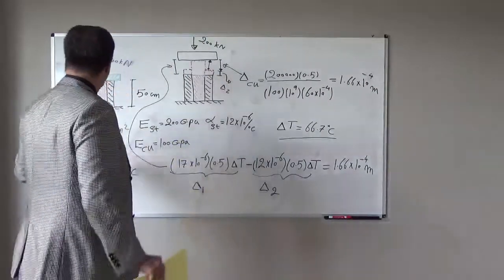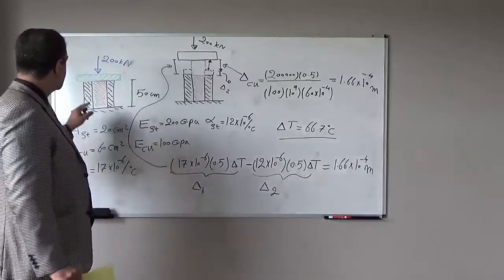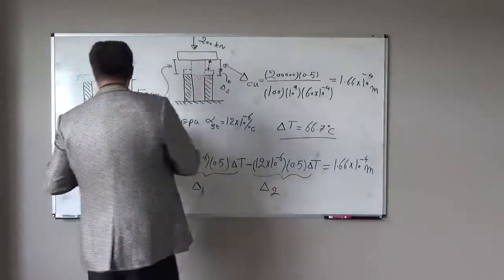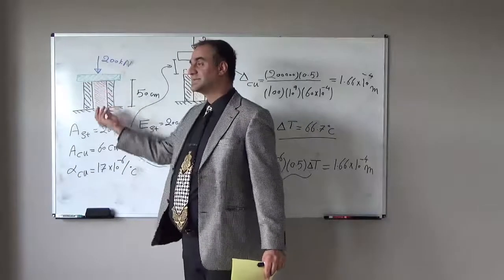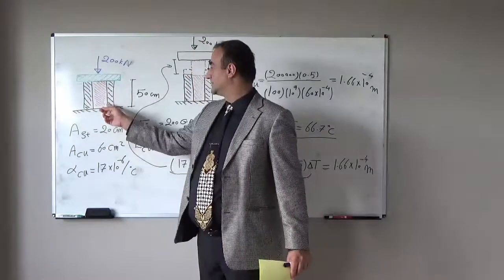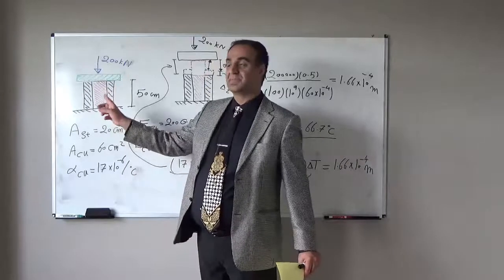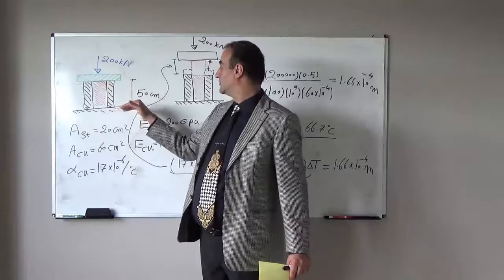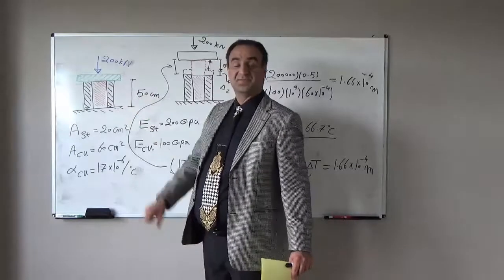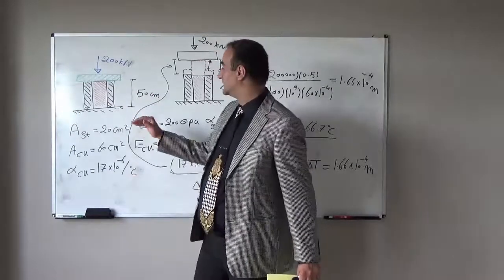We have a hollow cylinder made using steel. So the material property for the hollow cylinder is steel. We have a solid cylinder. The solid cylinder material property is copper. Both lengths are equal, 50 centimeter.